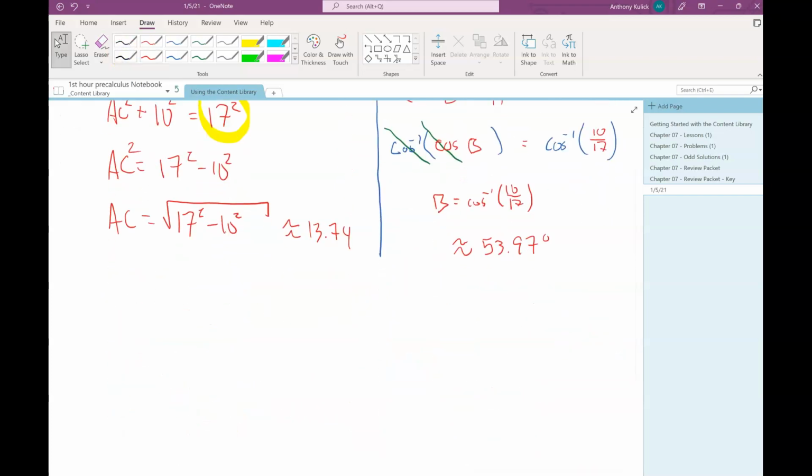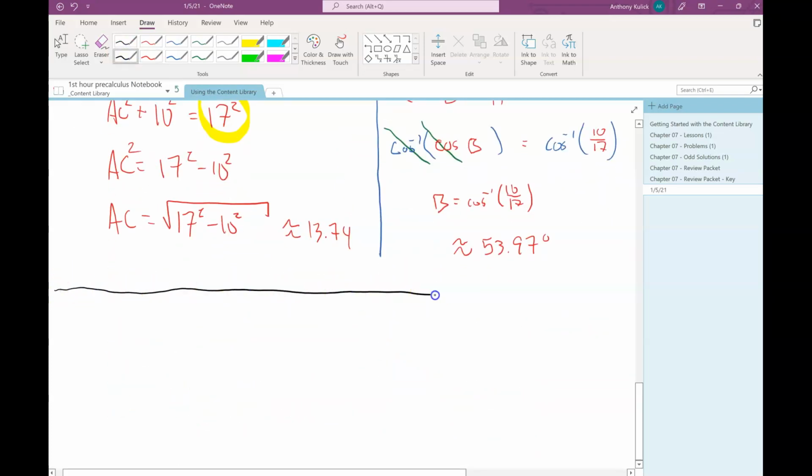Now here's the question. What about non-right triangles?